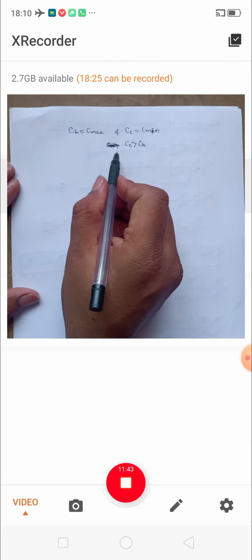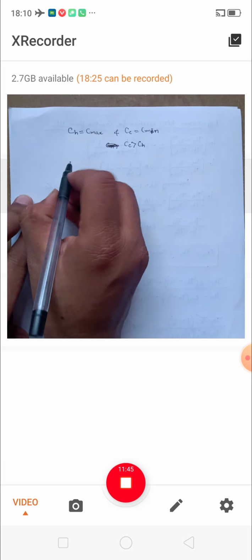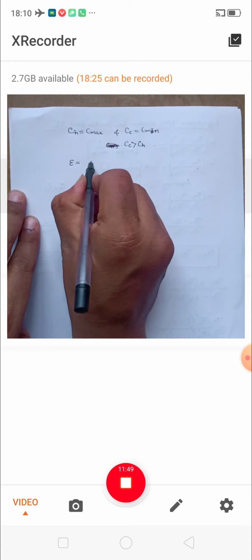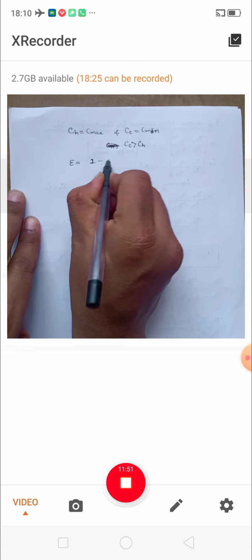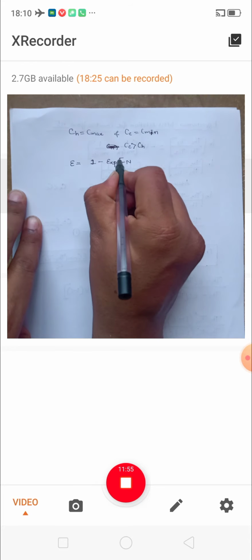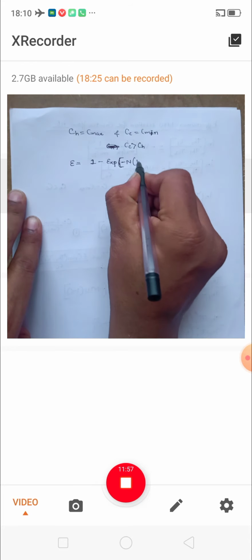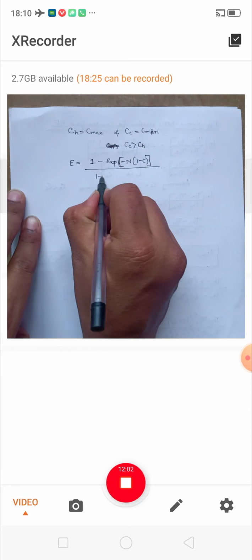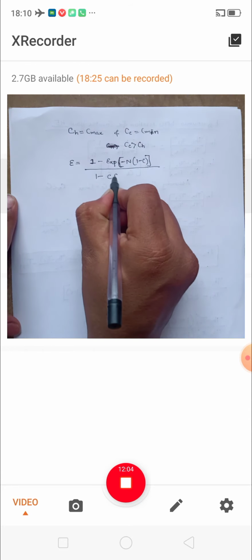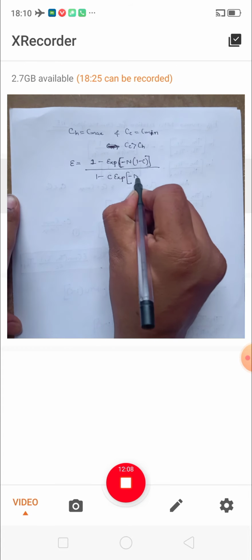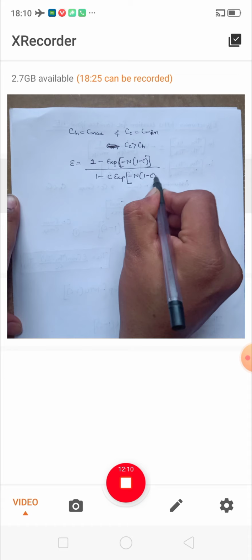Here also we are going to get the expression for the effectiveness of the heat exchanger in this form only: 1 minus exponential of minus N in the bracket (1 minus C) divided by 1 minus C into exponential of, square bracket I will write, minus N (1 minus C).